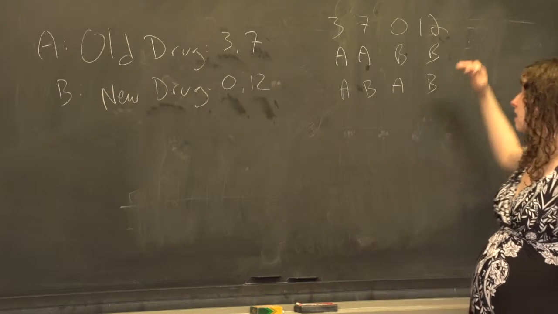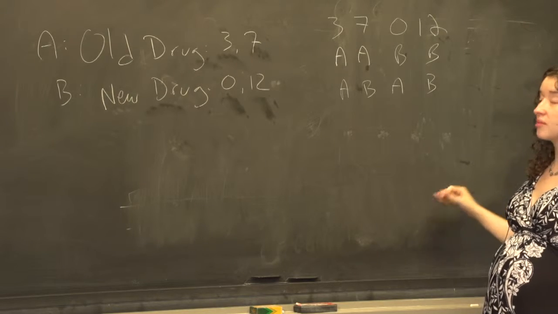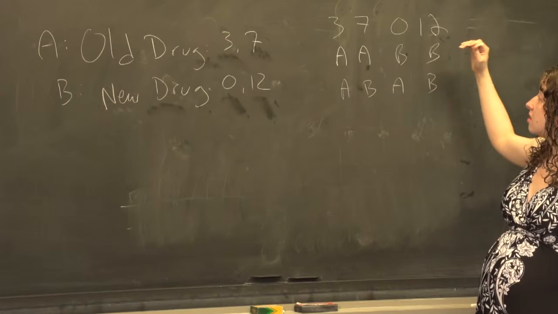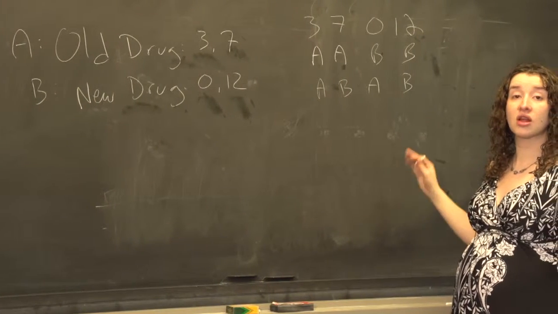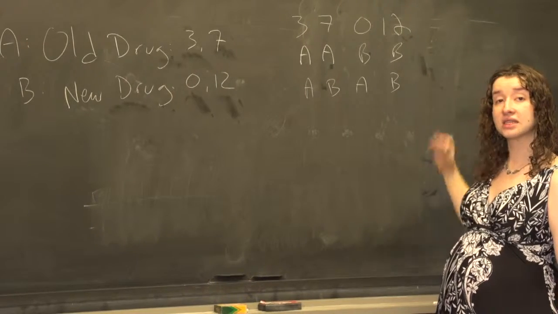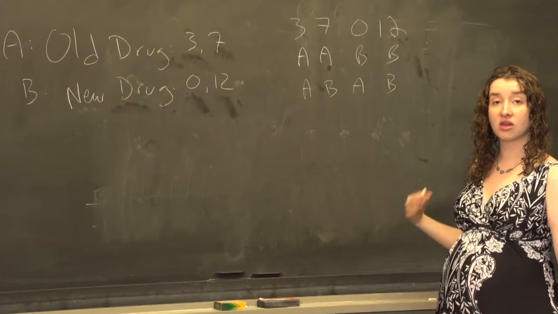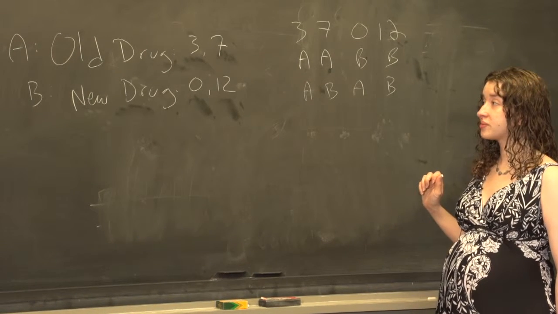We can go through and get a difference in means for each possible random allocation. We can make a histogram of those differences in means, and we can see where the difference in means that we actually observed would fall on that histogram. In other words, we could compare our test statistic to the reference distribution to get a p-value, to see how surprising our data is, given that the null is true.